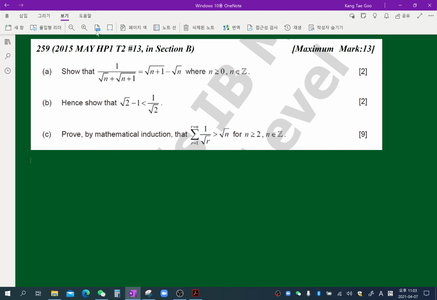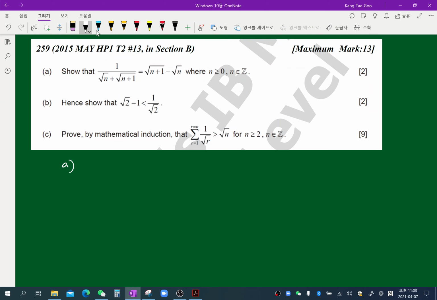The first one is just basic information. The reason why the question has question A and B in front of the mathematical induction question is that later we will use those two things. That's the purpose of A and B, right? So let's try to prove number A first.